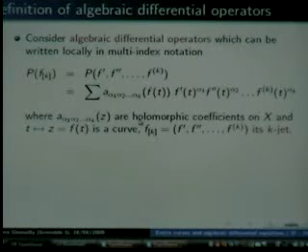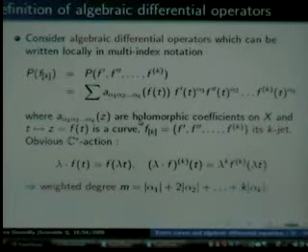So the coefficients a alpha 1, alpha 2, alpha k are holomorphic functions on X, and they are taken precisely at the point hit by the curve, which is f of t. So actually the operator depends only on the k-jet of the curve, namely the Taylor expansion of order k at each point. And then you have a C star action.